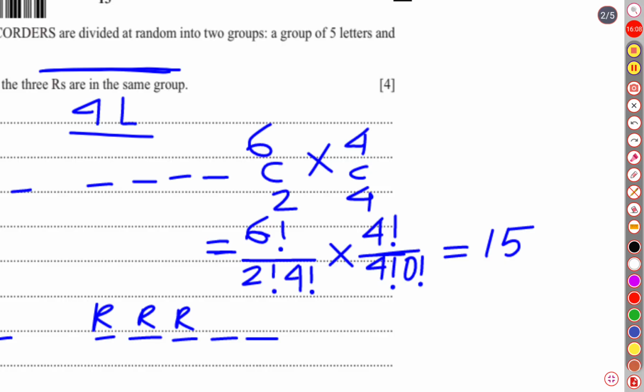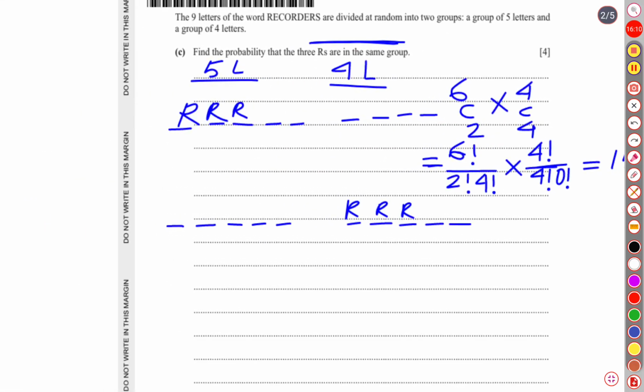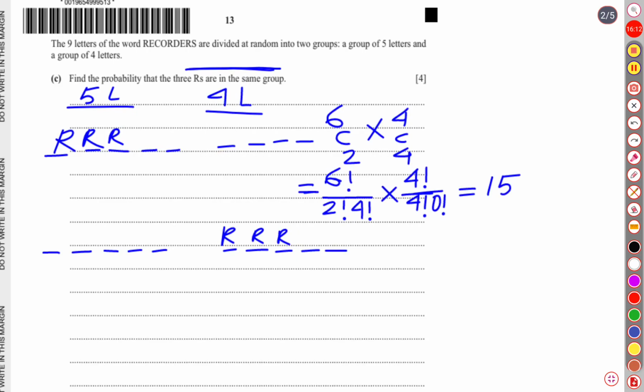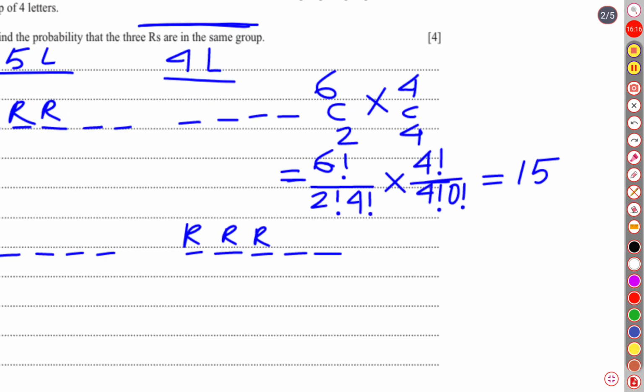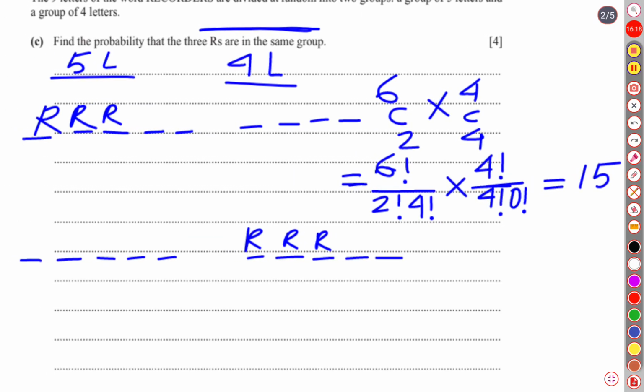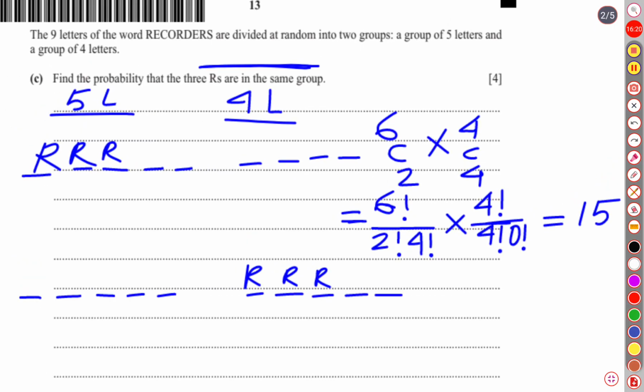Well, let's see the next possibility. What is the next possible number of choices? Yes. So in the first case, look at this. None of the 5 letters should be chosen except these 3 R's, because 3 R's belong to the group of 4 letters. So they cannot be at all in the group of 5.